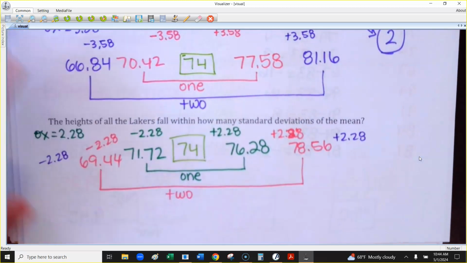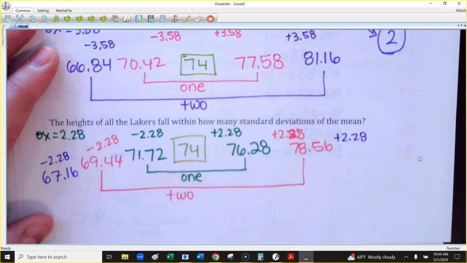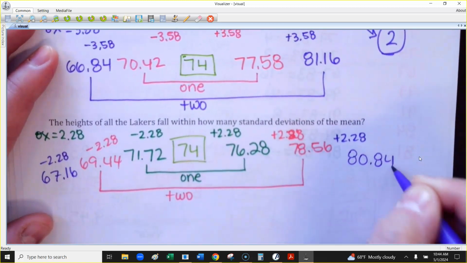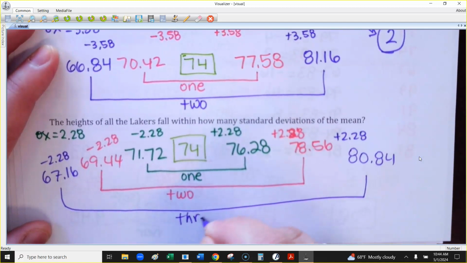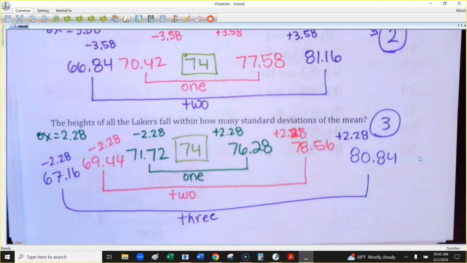So on this end, you'd be at 67.16, and then on the upper end, I would be at 80.84. But here I have to go out 3 standard deviations. It's like one on each side of the mean. So within 3 standard deviations, then I can cover the heights of all the people on the Lakers. Is anybody having a question?